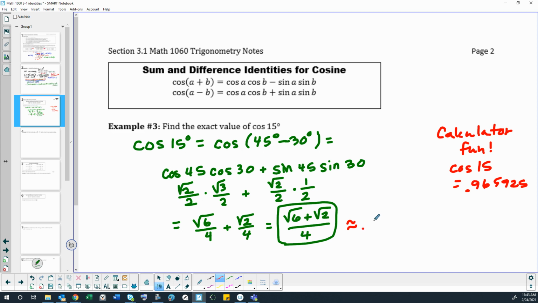Well, look at that. I got 0.965925 and so forth. The calculator and my calculations agree with each other. That's a beautiful thing, don't you think? So the advantage of doing something like this is you have an exact answer, which is sometimes helpful depending on what you're doing with it.